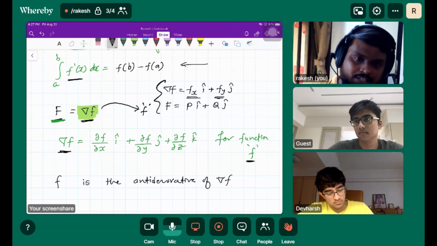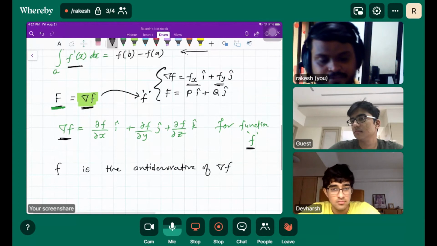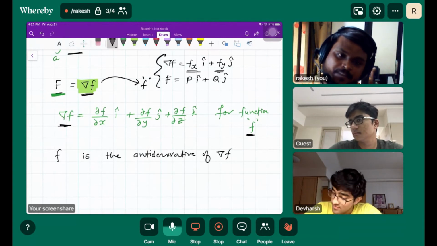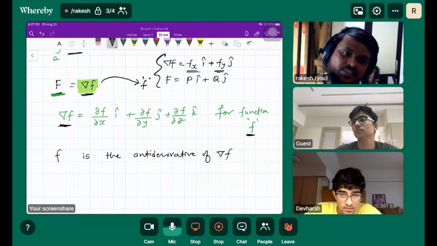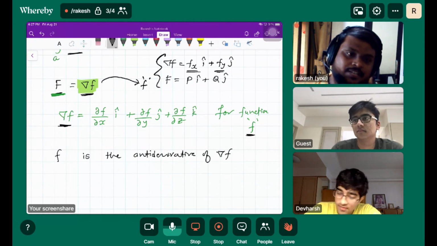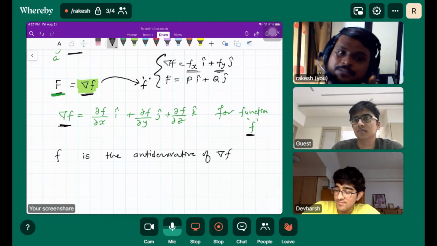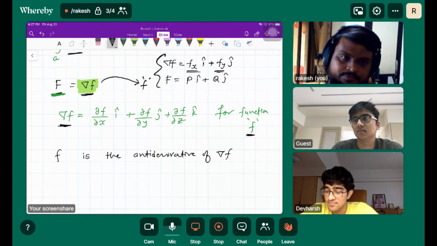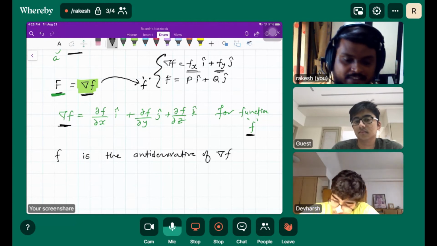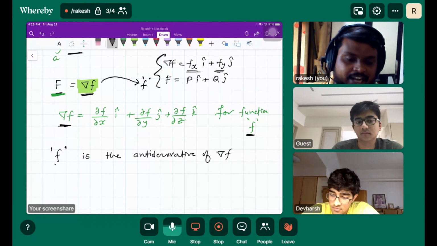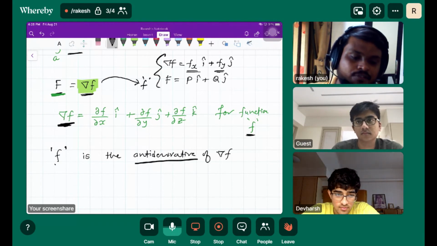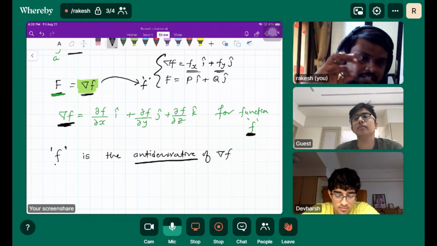You will see after one or two statements that we are concluding this topic with a big problem, that is we need to find out f. The whole lecture is based on this: we need to find that potential function. So f is the antiderivative of del f, because del f is the gradient of f. Got this idea here?